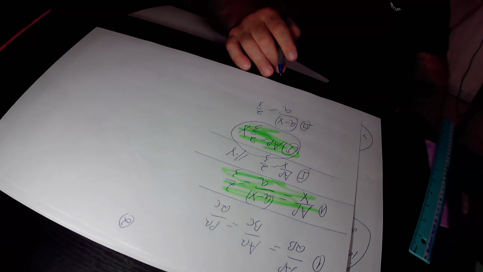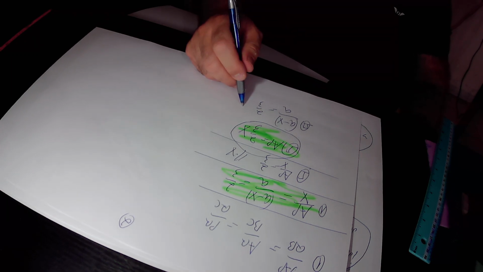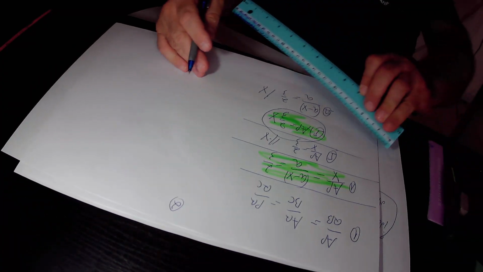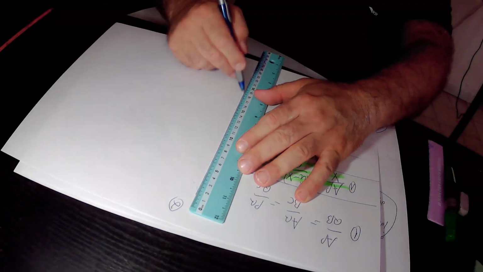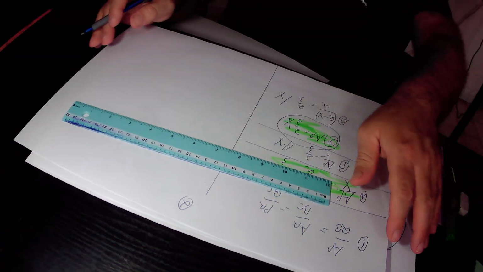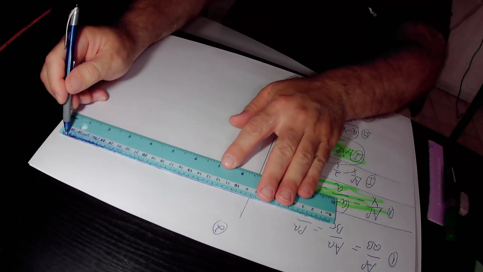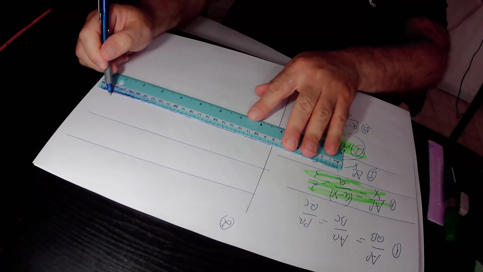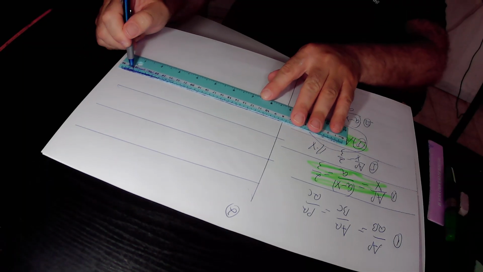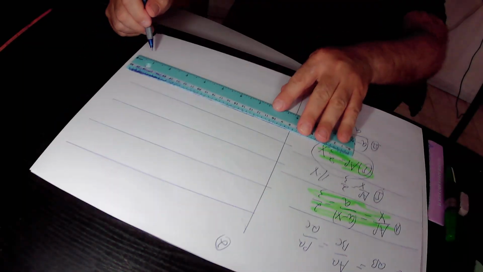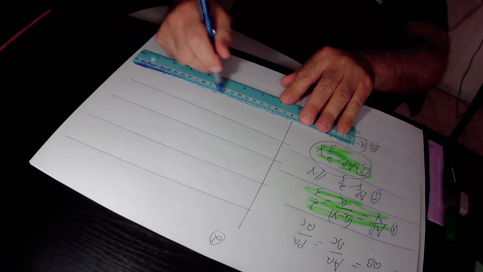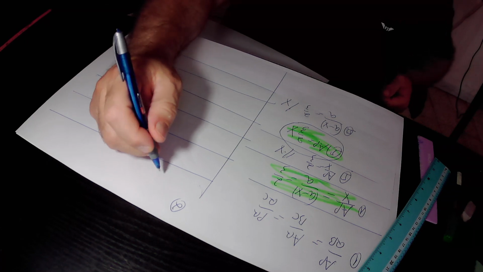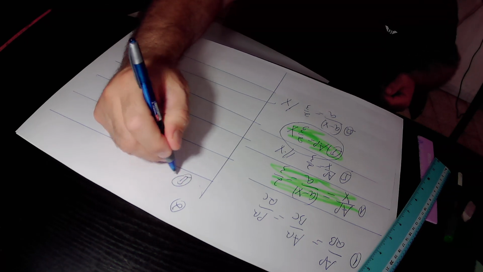Here we multiply this equation 2, and finally we get that according to equation 2, 3 times a minus x equals 2a.